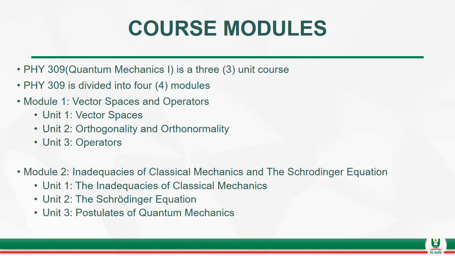Within this module, we'll be looking at black body radiation, photoelectric effects, Compton's effects, Bohr theory of hydrogen atom, the Heisenberg uncertainty principle, and the wave-particle duality. Then we'll have a tutor-marked assignment before we conclude our module 2.